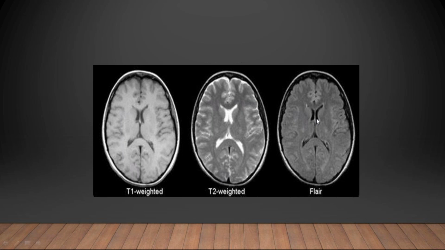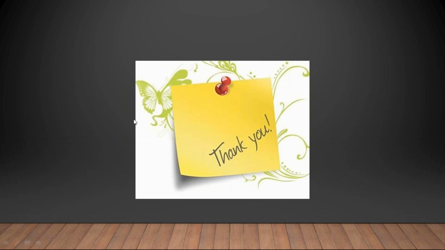Here we can see the CSF fluid intensity in the arachnoid space, and the ventricles appear dark. Here we can see the anatomy very clearly. This is the thalamus and this is the putamen, the dark one. And here we can see the caudate nucleus. And here the white one is the internal capsule.